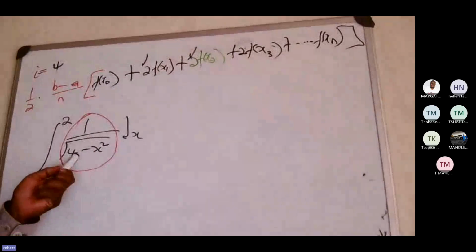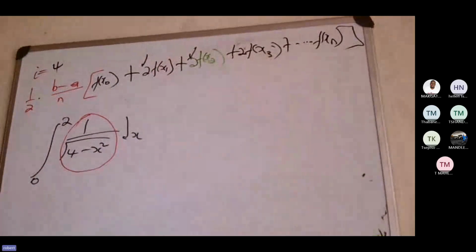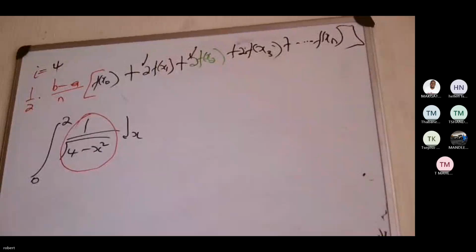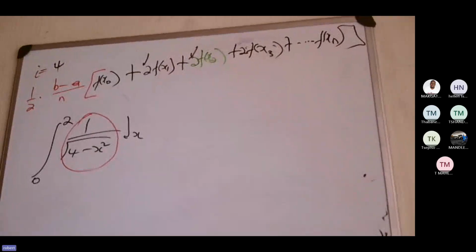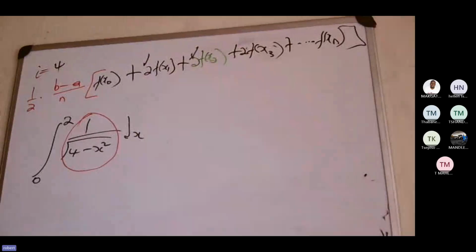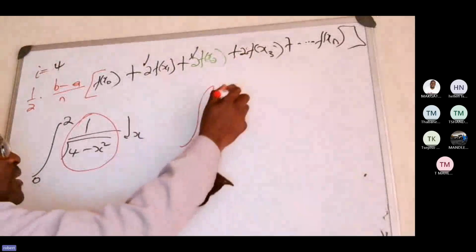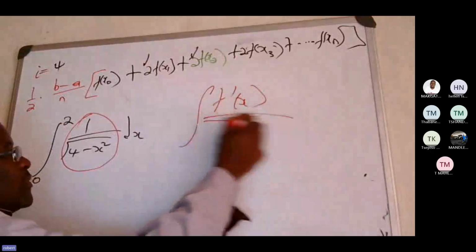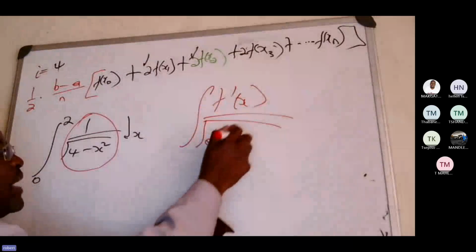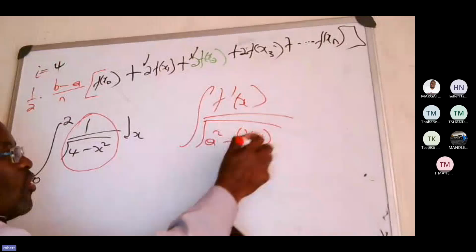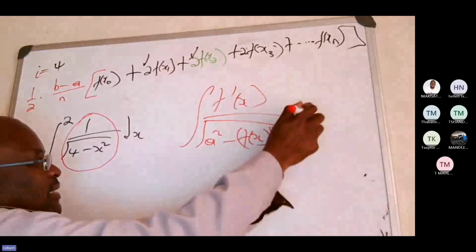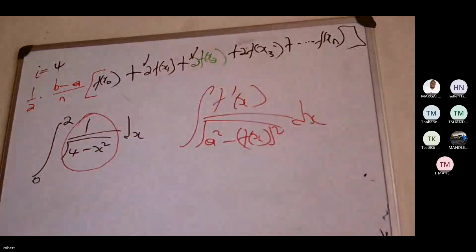Which formula are we going to use here to integrate this? I think it will be inverse sine x, because it's exactly this one: square root of a squared minus f of x all squared. That is this one, which is inverse sine x.